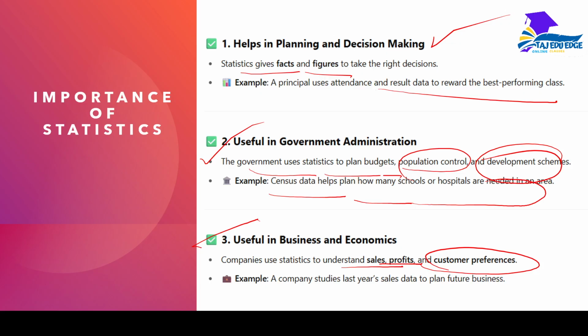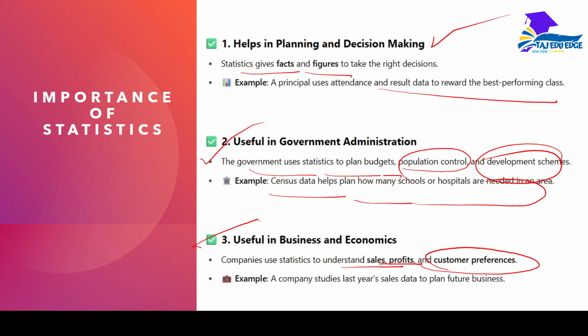Hence, you may conduct some survey, collect the data from the customers and analyze the data, interpret, understand the customers' preferences. Based on that, you will prepare a product or you will innovate a product and launch that product in the market. Maximum number of the customers will definitely buy the product, right? So to increase your sales, to increase your profit, to understand the customer preferences, statistics will help.